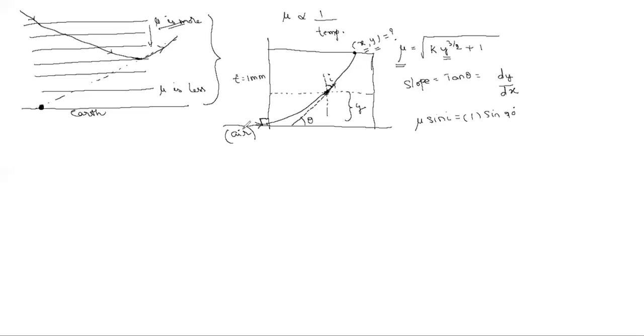So directly we can write 1 sin 90 equals mu sin I. Is it okay? So can I say here tan theta as tan 90 minus I?